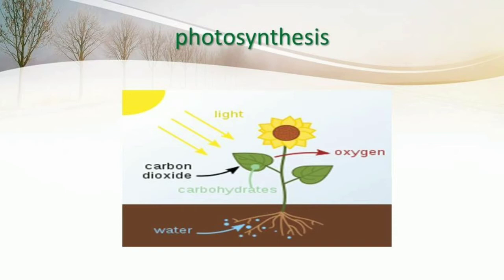Photosynthesis is important for two reasons. One, it is the primary source of all food on the earth, and the second, it is responsible for the release of oxygen into the atmosphere.